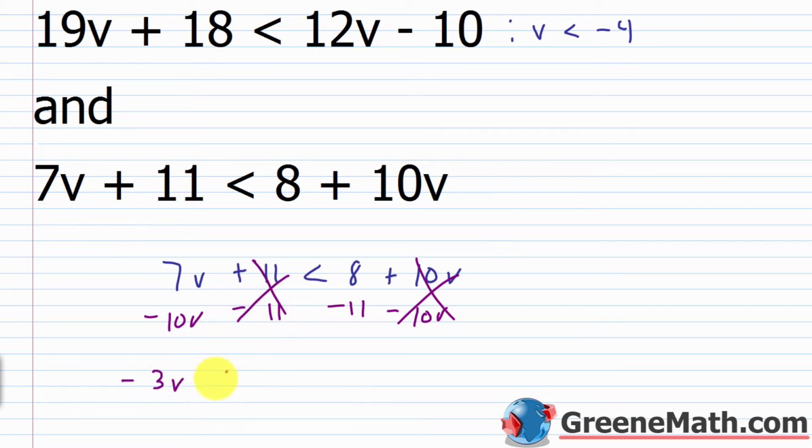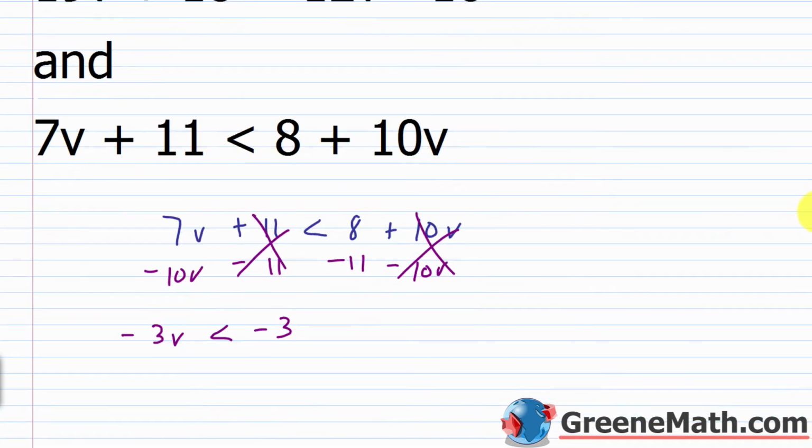So negative 3v is less than 8 minus 11 is negative 3. Let me scroll down and get a little room going. I will divide both sides by negative 3. Remember, I'm dividing by a negative, so I've got to flip the direction here. So this becomes a greater than. So this cancels with this. I have v is greater than 1. So this is v is greater than 1.